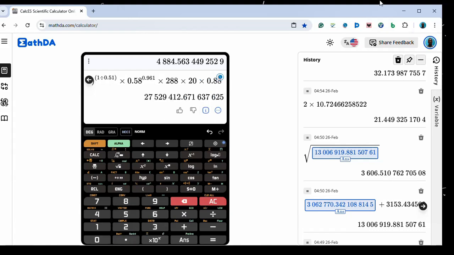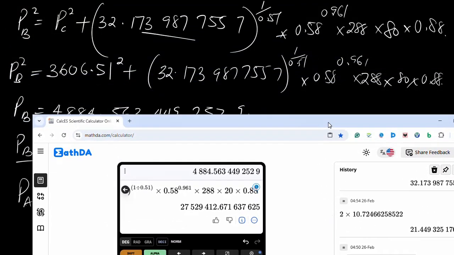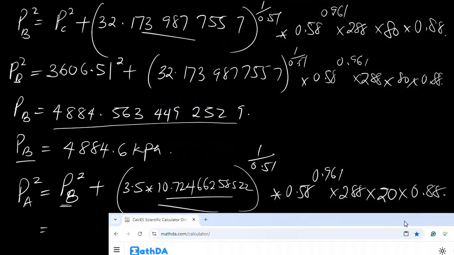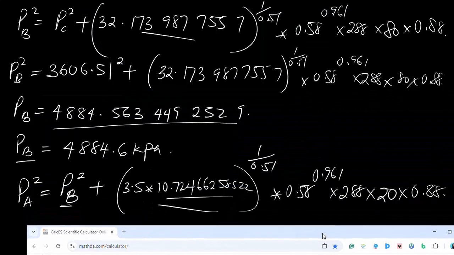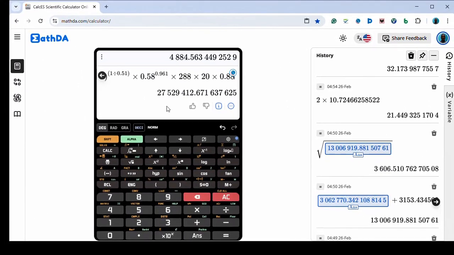So that is it. Let me see. 20 is okay, correct. So it's okay. Let's work it out. So it's equal to this.